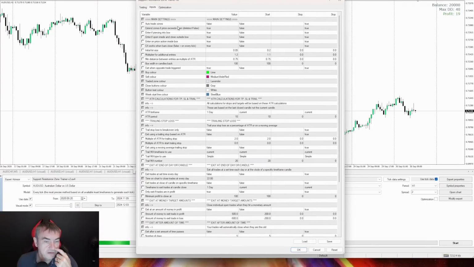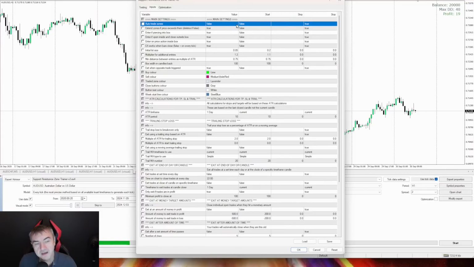The thing that I've been working on yesterday is the auto trade zones. To get, as I said earlier, anything onto the marketplace, whether it be free, paid, whatever, if it's an EA, it has to be able to trade. The whole point of an expert advisor is it trades. You can't put something on the marketplace that doesn't take trades because they need to test it.